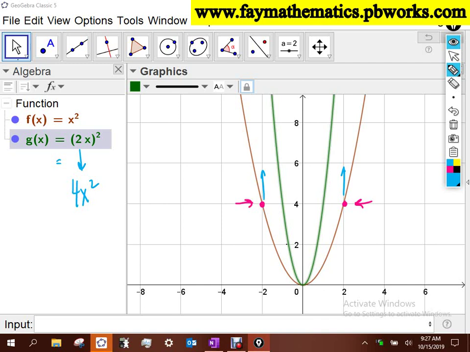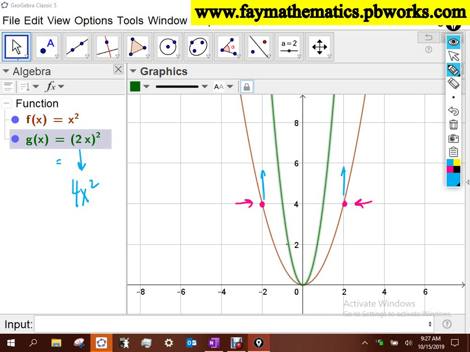Okay. So when we have 2x, that quantity squared, we can visualize that as a horizontal compression. But if I actually do the algebra to that function, I also see that horizontal compression, which is a factor of 2, is analogous to a vertical stretch with a factor of 4. Does that make sense?